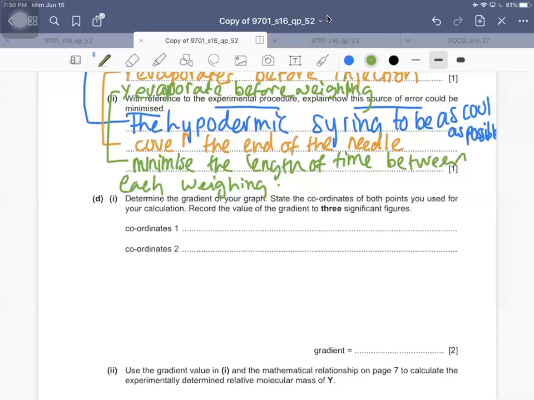So I need your values. If you already found the gradient, can we know the sort of values you are getting? Ban has got 350. Anyone else?